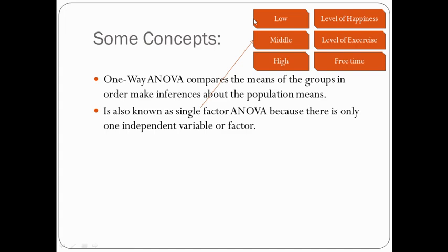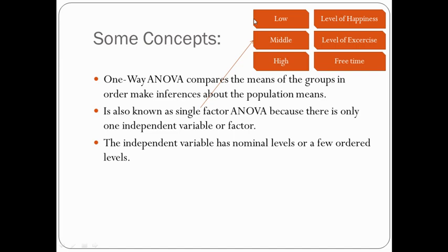Similarly, in this context, ladies and gentlemen, low, middle, and high income groups are not independent variables. The independent variable or the factor is income. So that is the takeaway number two, concept number two to take away about ANOVA.